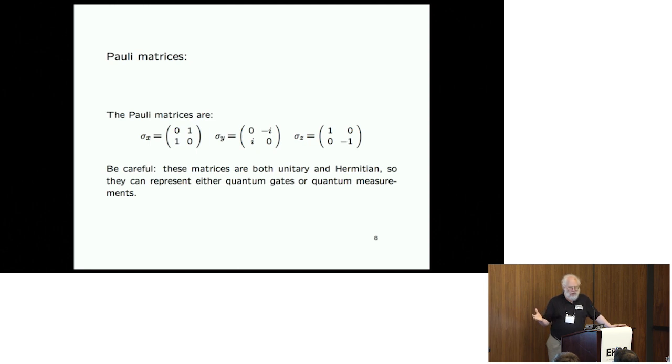So you have to be careful not to confuse those. Of course, the quantum computing literature doesn't really distinguish except from context. It doesn't say this sigma x is the gate, this other sigma x is a measurement. You just have to read the paper and understand it, and remember that there are two different things. We're going to be using sigma x and sigma z for both gates and measurements later in the talk, so don't get confused.